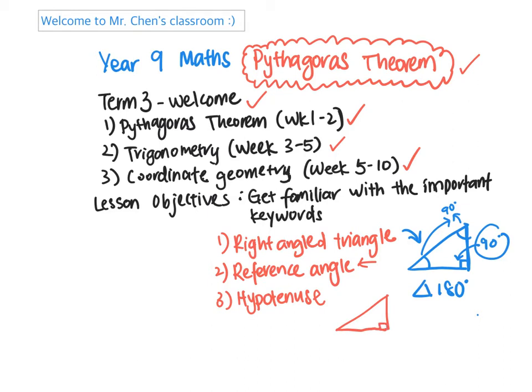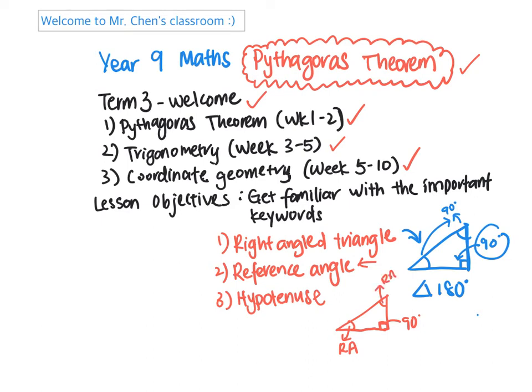Sorry for the drawing, I'm trying to get used to this application, so I have yet to find a ruler. That is your right angle, which is your 90 degrees, and the reference angle is any one of the other two. I'm going to make this our reference angle. Or, if I want to make it here, that can also be your reference angle.